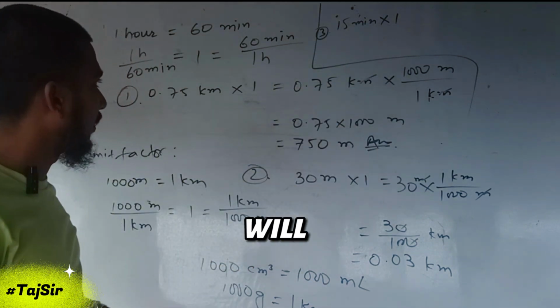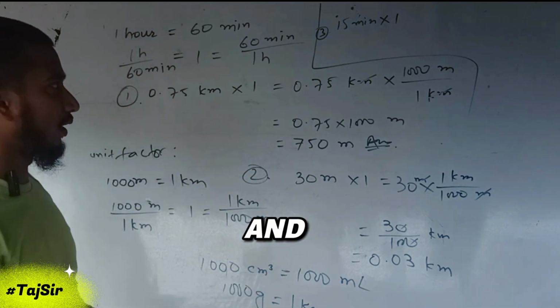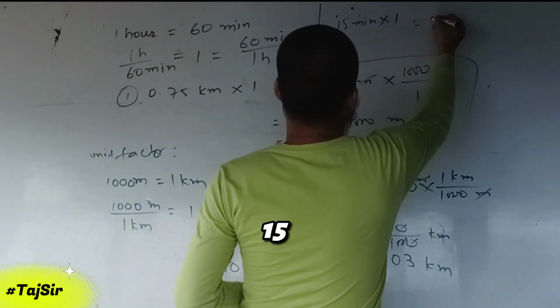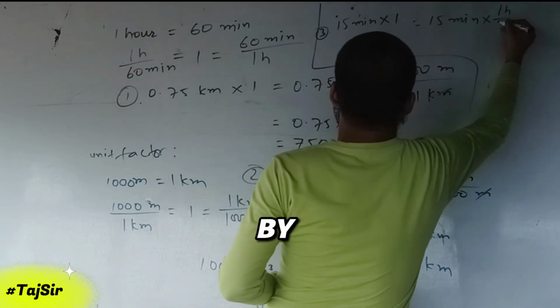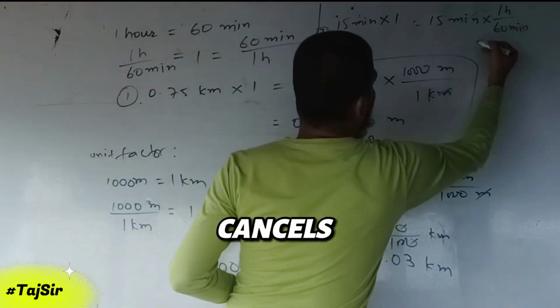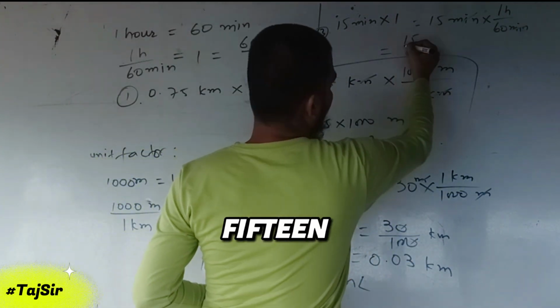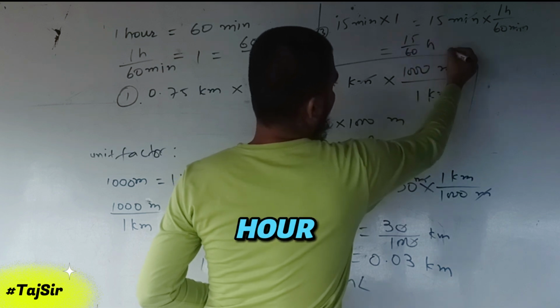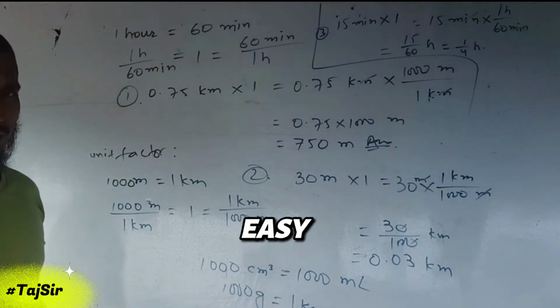So we take the factor which has minute in its denominator, and we write 15 minute into 1 hour by 60 minute. Minute cancels, and we get 15 by 60 hour, which is 1 by 4 hour. That is so easy.